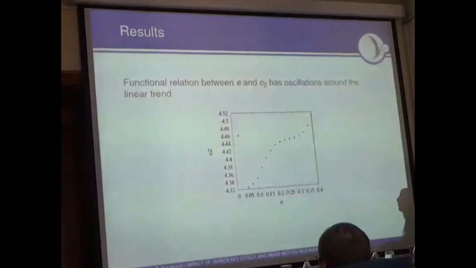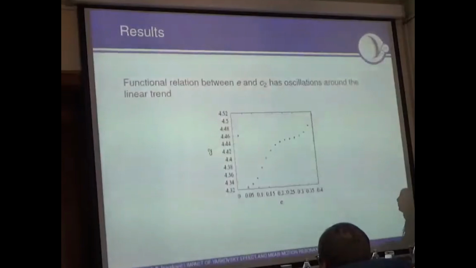When I fit this data with a linear equation, I saw clear sinusoidal oscillations about that linear trend. We don't know what it means, and we decided for now to read the values of this coefficient C2 from the table.